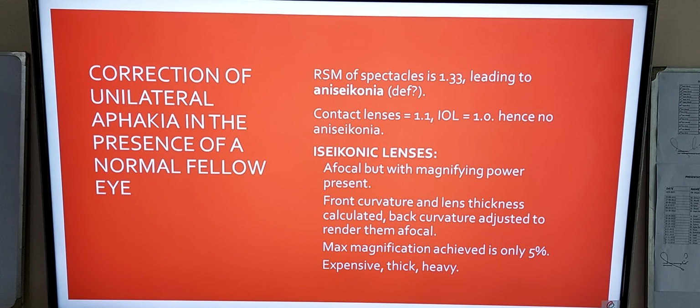Their maximum magnification is only 5%, so we may use them in the other eye to balance the aniseikonia. The problem with them is that they are expensive, thick and heavy, and require special manufacturing. This is the review. The spectacles magnify the most, while contact lens is lesser than that, and the normal size is shown.